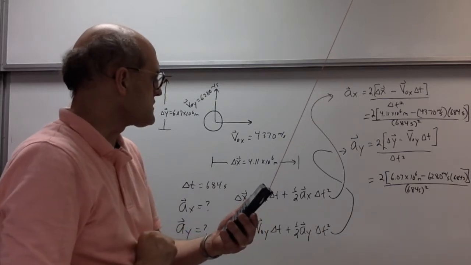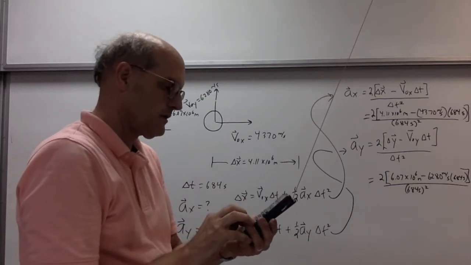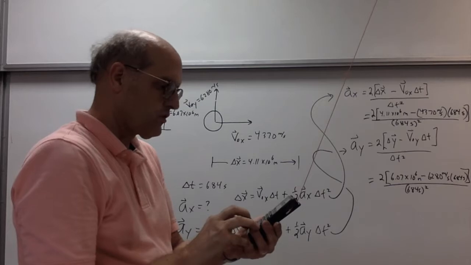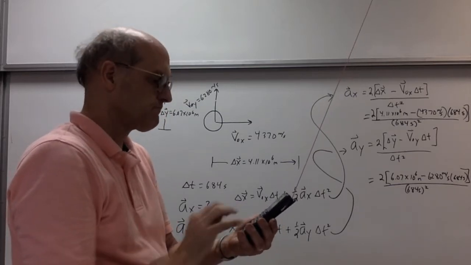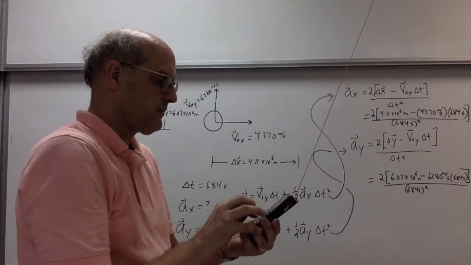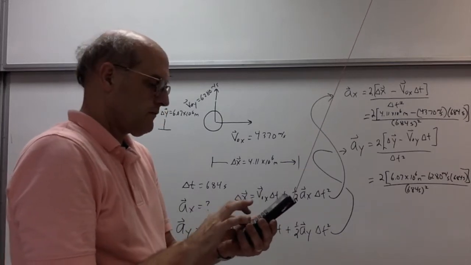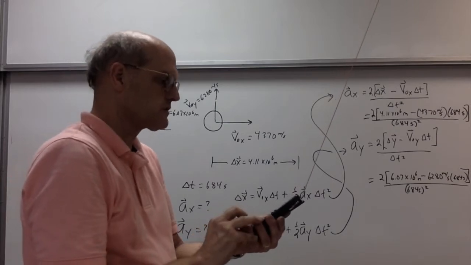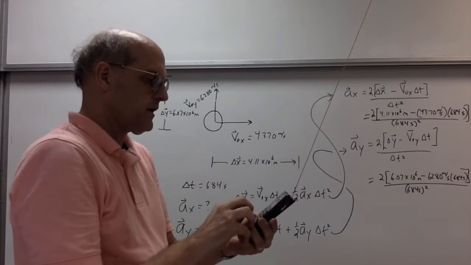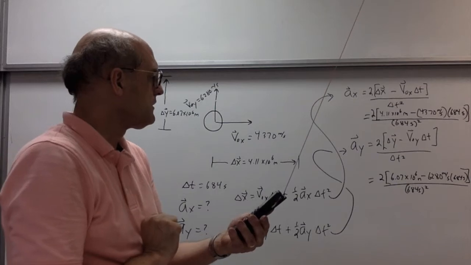So AX, acceleration in the X. 684 times 4,370. I'm going to put that into memory. 4.11 times 10 to the 6. Subtract what I have in memory.